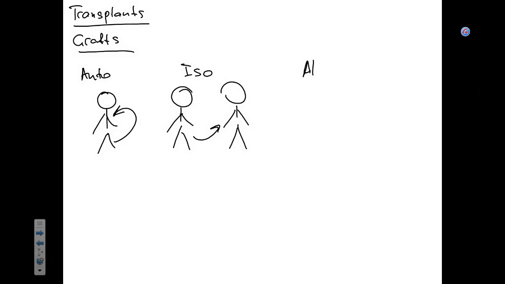Now, another type of graft is allograft, when you have somebody that is not an identical twin. Which means, does it mean your brother or your sister or your mother? Yes.